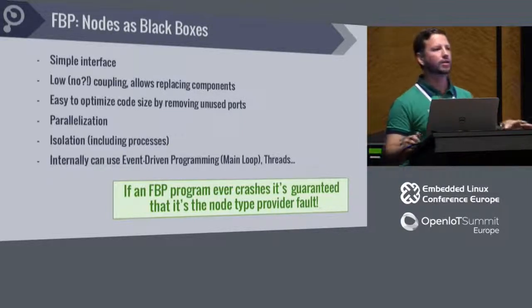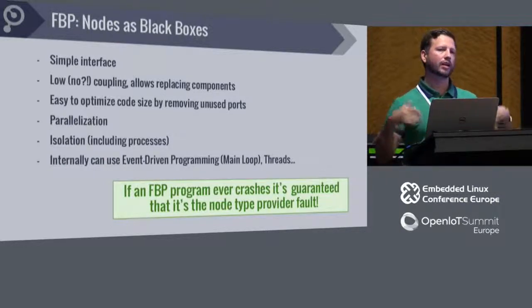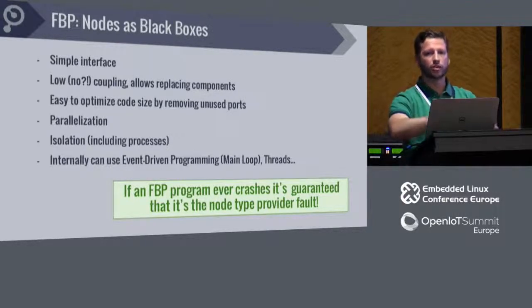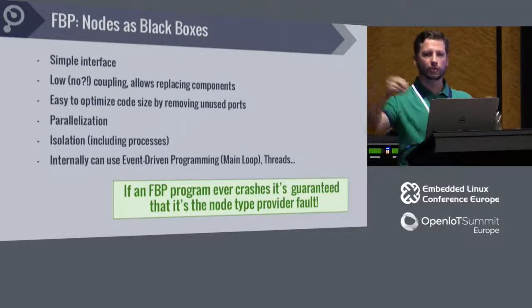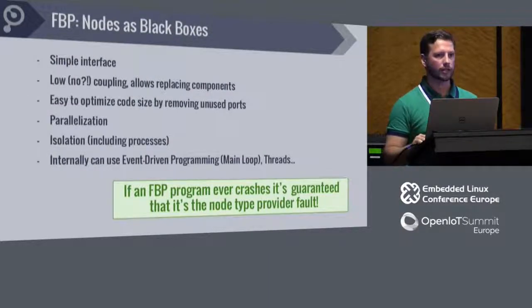We know that reality is a bit harder on us. We have shared resources like underlying libraries. You may have an HTTP node that shares the actual server and socket. So you have some constraints in real life, but the idea is that you could potentially move that to different processes without the user having to worry about that.